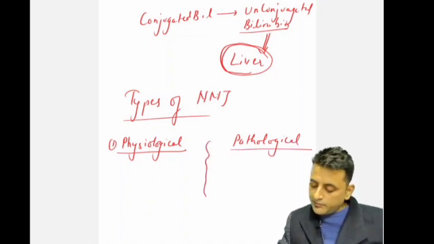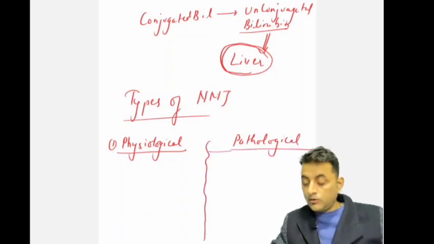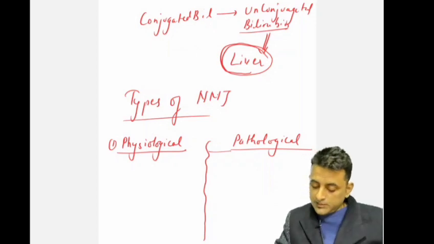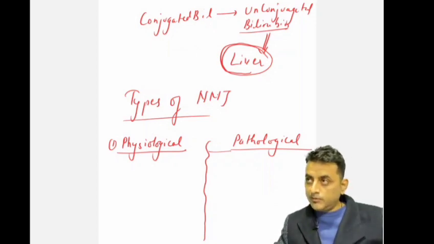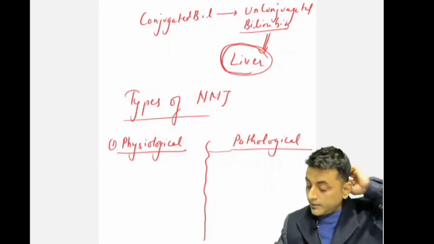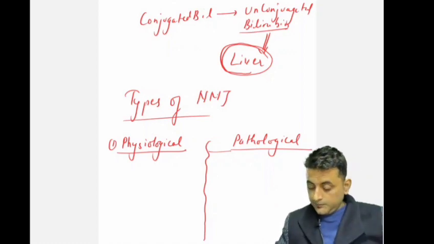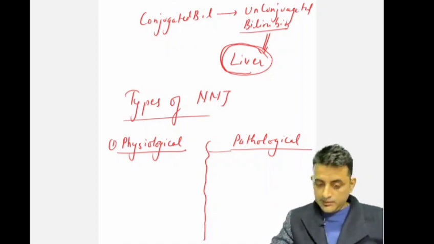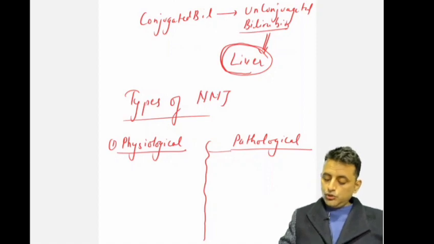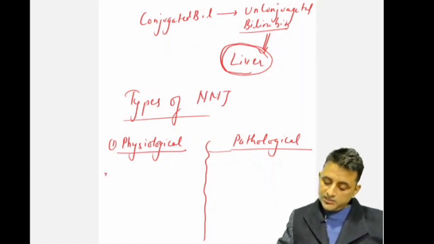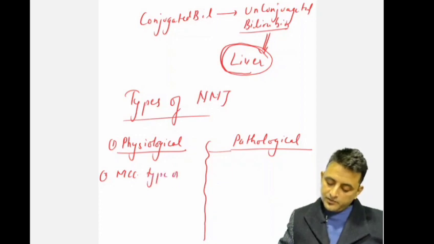Most of the time in exams we will be asked about these types of jaundice. There will be a case scenario or something like that. I'll talk about it later. Physiological jaundice is the most common type of neonatal jaundice.